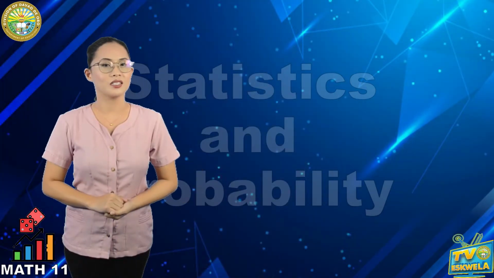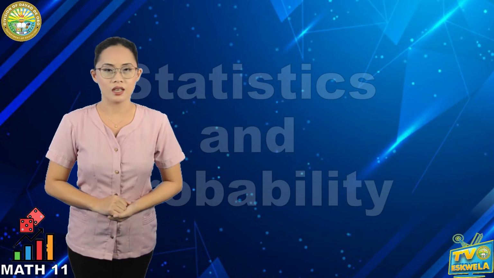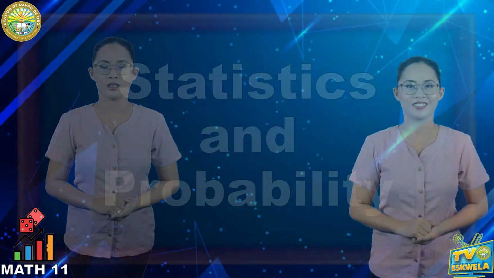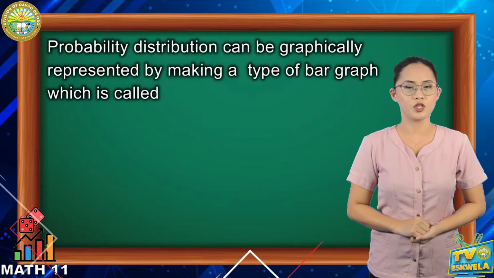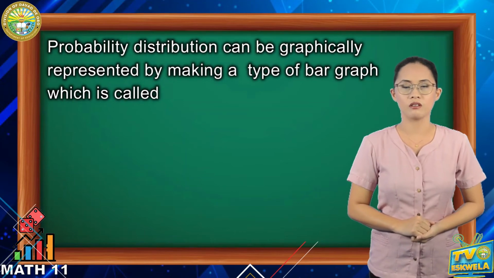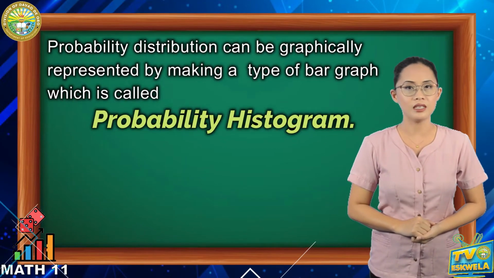It satisfies the second property, which states that the sum of all the probabilities is equal to 1. Probability distribution can be graphically represented by making a type of bar graph, which is called a probability histogram.